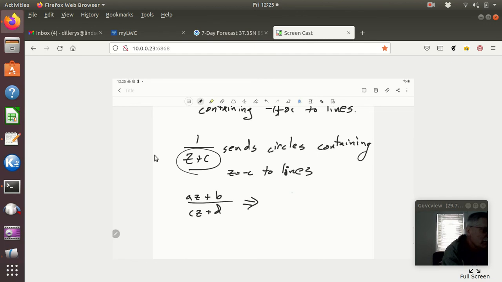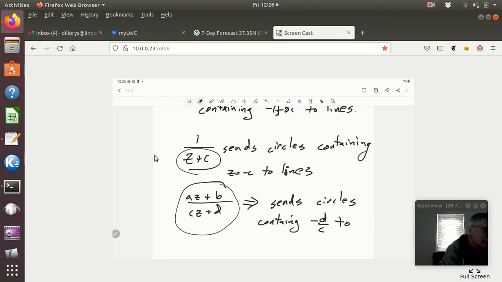So in this more general Mobius transformation formulation, this sends circles containing minus d over c to lines. So there you go. There is 3.4, very generalized 3.4.